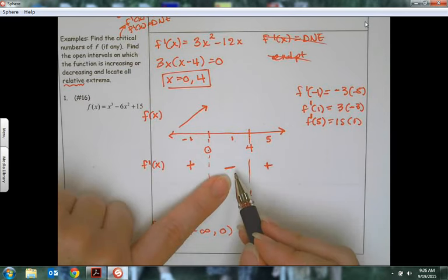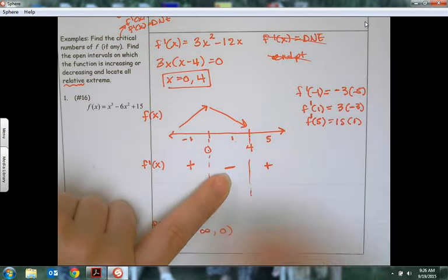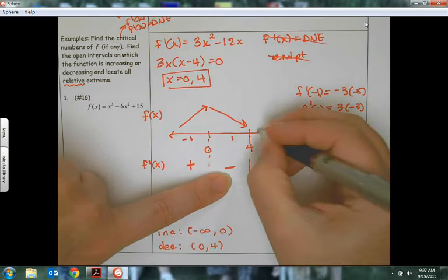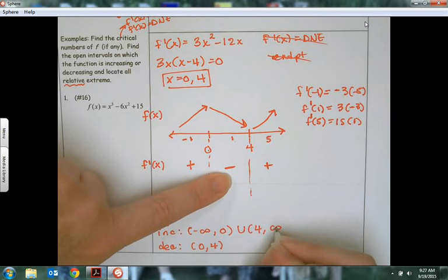Then, since these slopes are all negative, I'm decreasing from 0 until 4. Then all these slopes are positive, so I'm increasing from 4 until infinity.